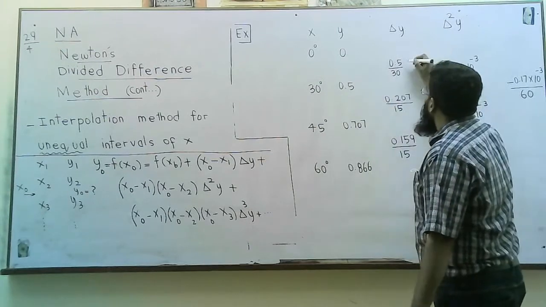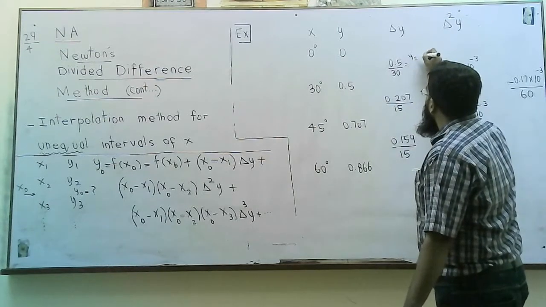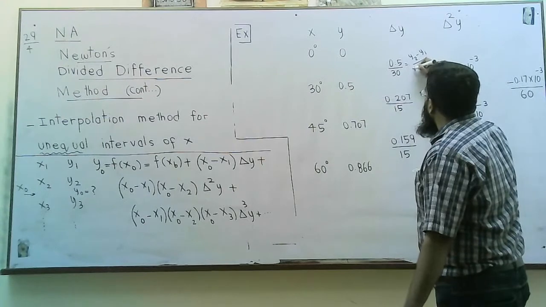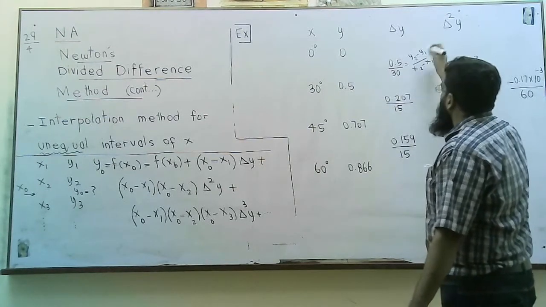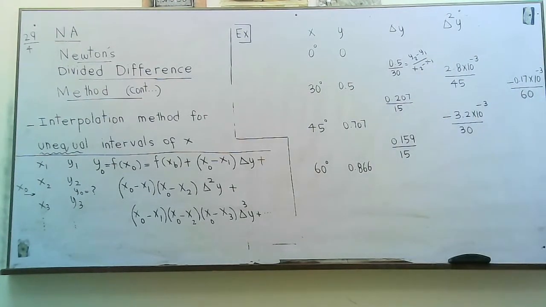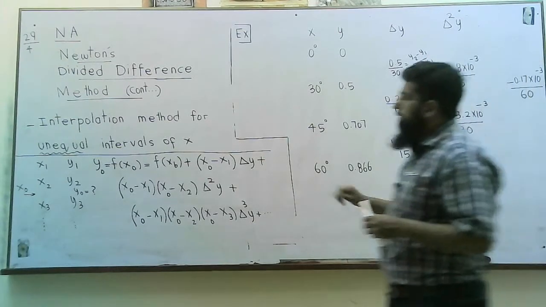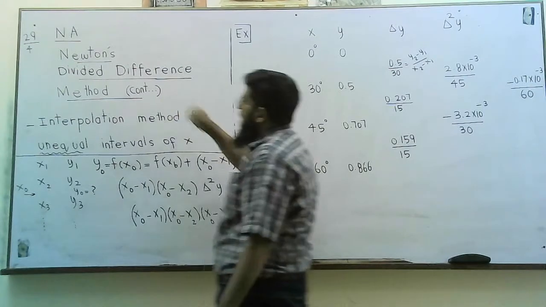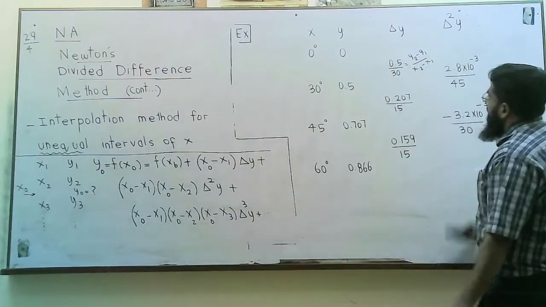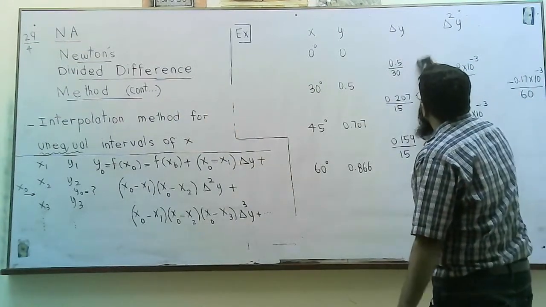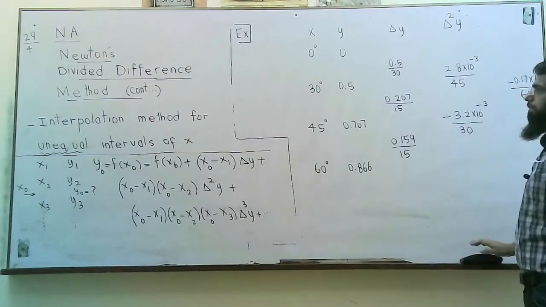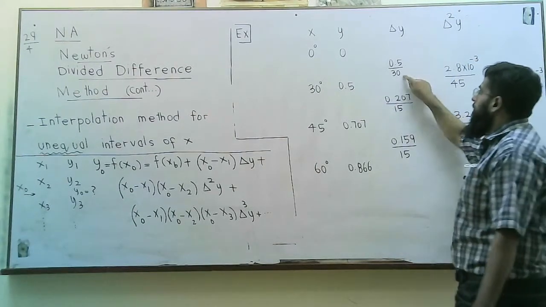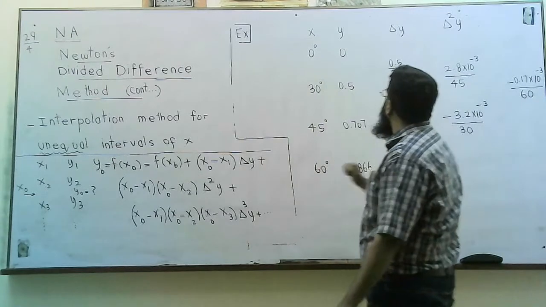So this is actually y2 minus y1 over x2 minus x1. This is the primary difference between this divided difference method and the forward and backward interpolation methods that we studied yesterday. So this is a divided difference, as the name suggests, so we have to divide it by the difference of x.